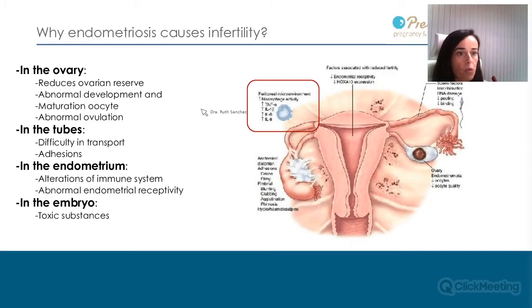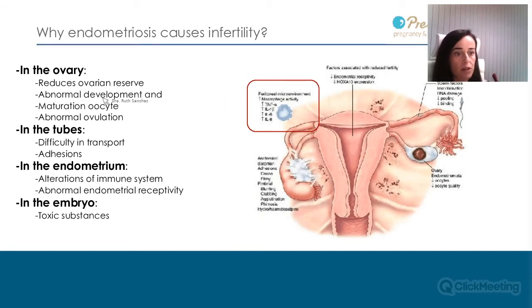Okay, but why does this disease cause infertility? Well, in the ovary, that is the most frequent location, it reduces the ovarian reserve because it destroys the healthy tissue of the ovary. It also hinders the normal development of the follicle, so it makes an abnormal development and maturation of the oocytes.